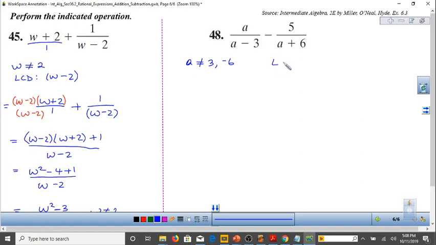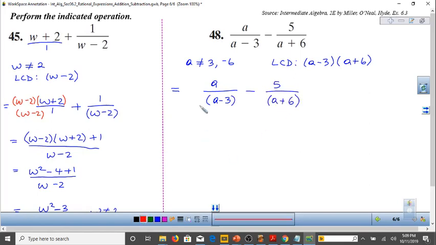The least common multiple of the denominators is just a minus 3 from the first, and we multiply a plus 6 from the second, because you cannot think about the 3 and the 6, you have to think of the whole expression. So now when I'm simplifying this, I multiply numerator and denominator by the appropriate expression that will make us have the same denominator.